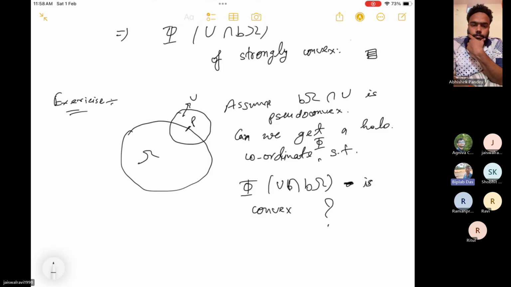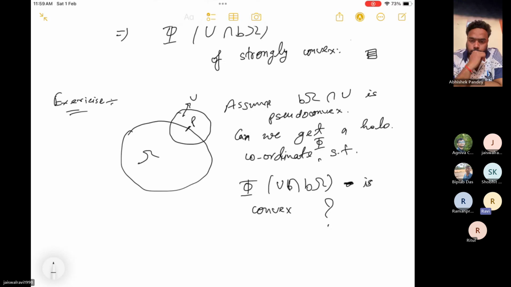I heard there is a definition of strongly pseudo-convexity even if the domain is not C2 boundary. Is there something like Narasimha's theorem? Okay, so you are asking if the Narasimha theorem is true if we have lower regularity, not C2.